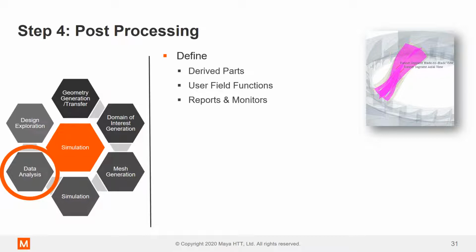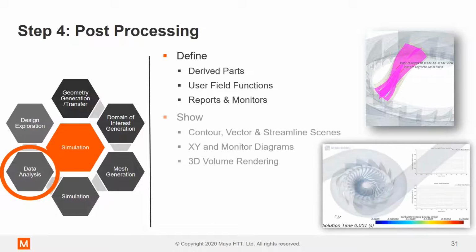You can create your own user field function, and you can also create reports and monitors, to visualize data on a given part, surface, point, or line, and monitor throughout the simulation. So you can visualize them as the solution is developing. Something we're going to create is, let's say, mass flow rate at the outlet, or just to look at convergence, or even the pressure drop between the inlet and the outlet.